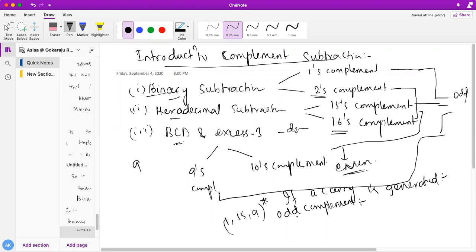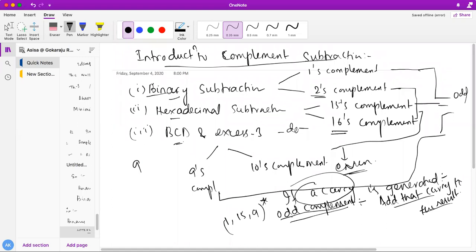During these complement techniques, if carry is generated, add that carry to the result. All the techniques are similar actually, so no need to worry about it. Only if you are performing subtraction using odd complement technique and any carry gets generated, you have to add that carry to the result, nothing else.